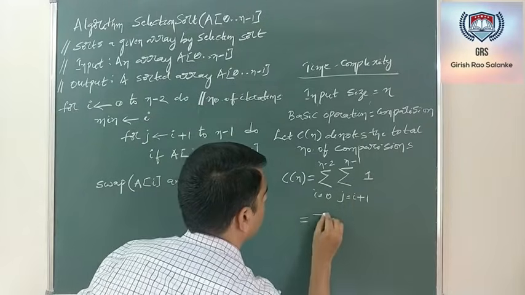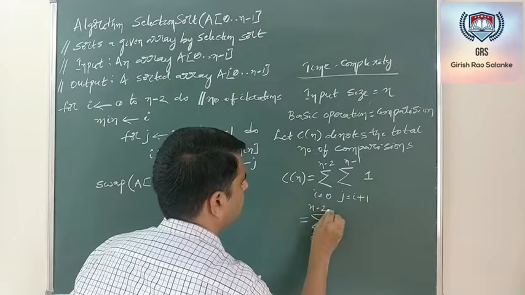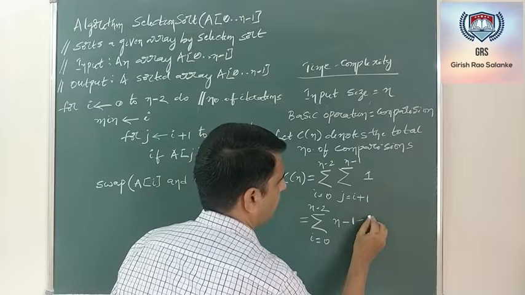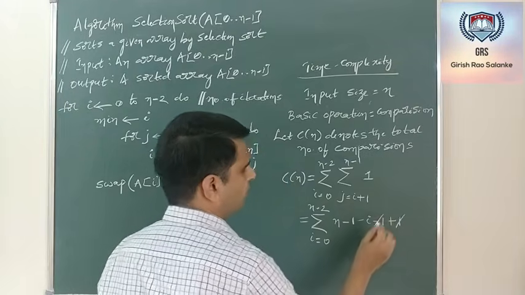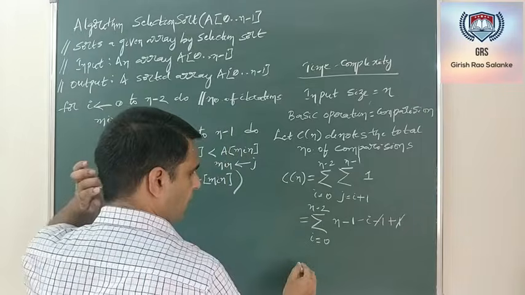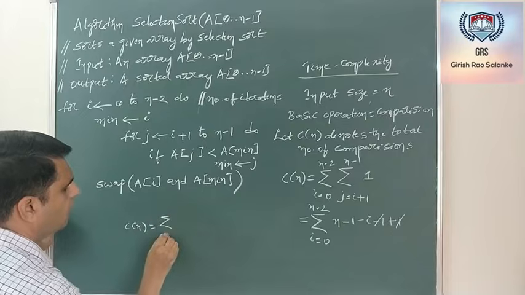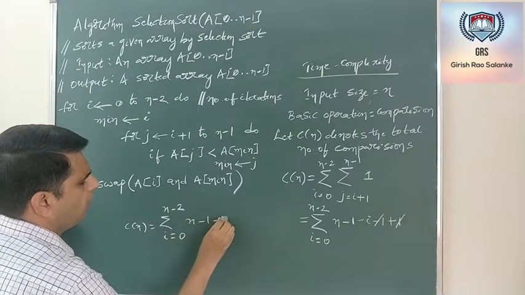Now let me open this one. i equal to 0 to n minus 2 of upper bound n minus 1 minus lower bound i plus 1 minus 1 plus 1. The plus 1 and minus 1 get cancelled. So we are left with C of n equal to the summation of i equal to 0 to n minus 2 of n minus 1 minus i.